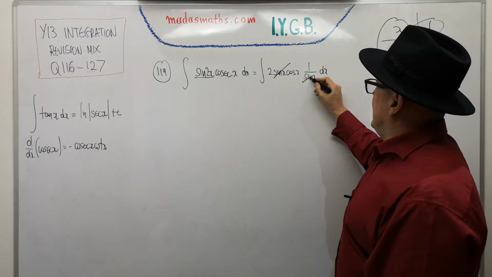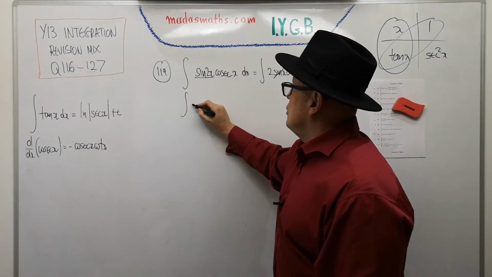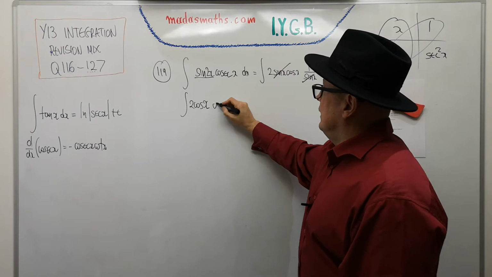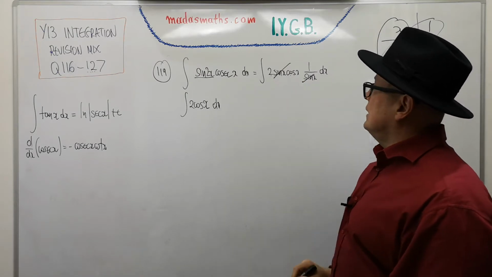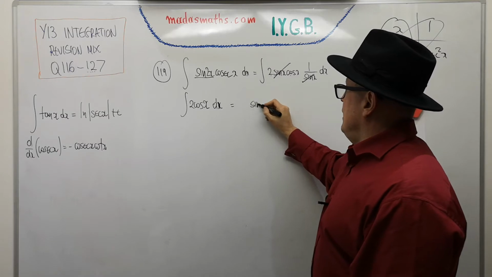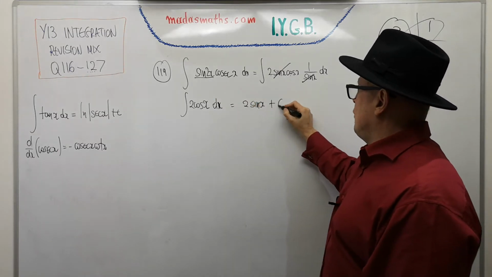Your sines, of course, will cancel, and this will give you the integral of 2 cos x dx, and this, of course, is going to be 2 sine x plus a constant, since sine differentiates to plus cos.